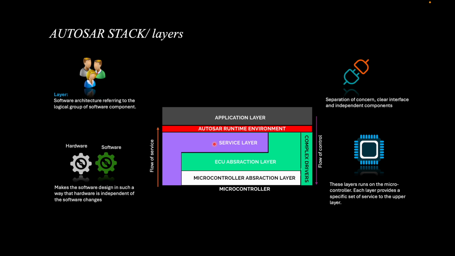Suppose a set of software is providing the same type of characteristic, like a set of software providing only ECU abstraction related service, then you will be putting it inside the ECU abstraction layer. If a group of functions is doing the work for the microcontroller abstraction layer, then in that case you will be grouping them into this layer.